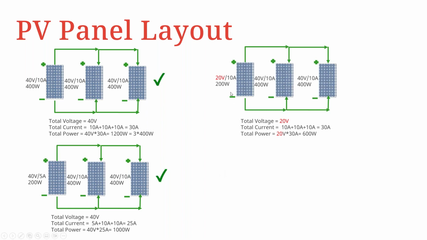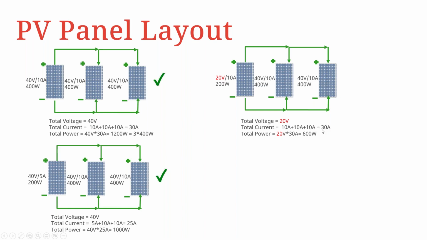In this case, we have a different operating voltage for a particular panel. The other ones are 40, while this one is 20. So in this case, the total voltage, or the voltage across this power connection, will be the voltage of the weakest element here, in this case 20 volts. Total current, by the way, is going to be a summation of all the current flowing through the respective panels.